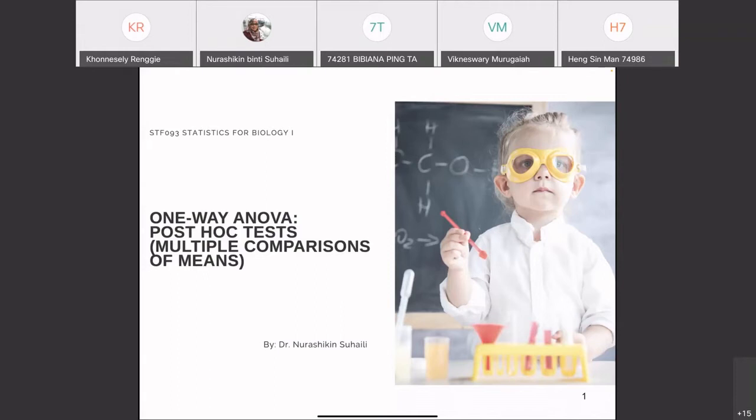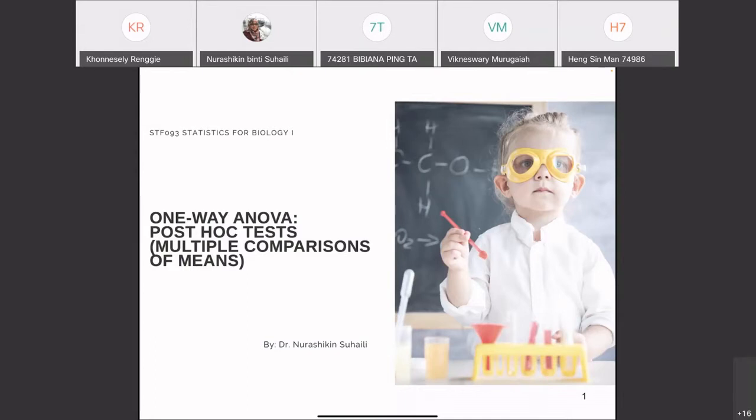Then you have to find the SST, the sum of squares for the treatment, and the sum of squares for the error, and you have to determine the F calculated, and find the F from the table. You compare both values and you make a decision whether you accept the null or the alternative hypothesis. Okay, so that is ANOVA alone.